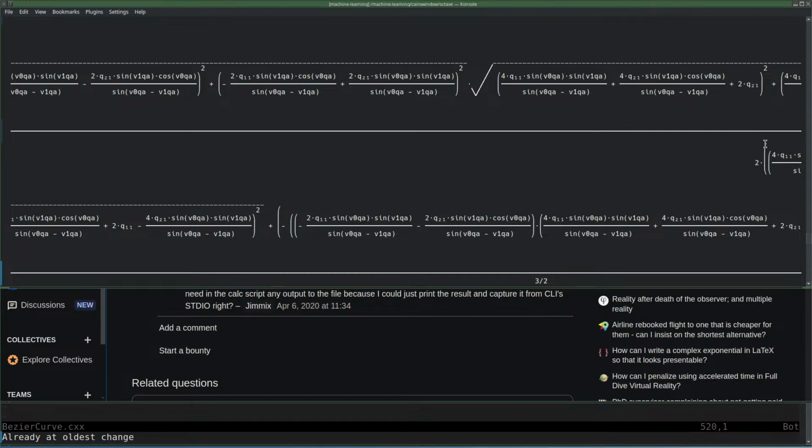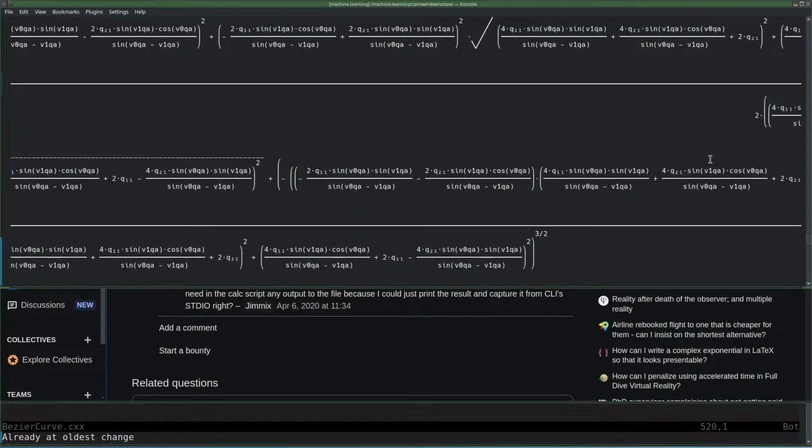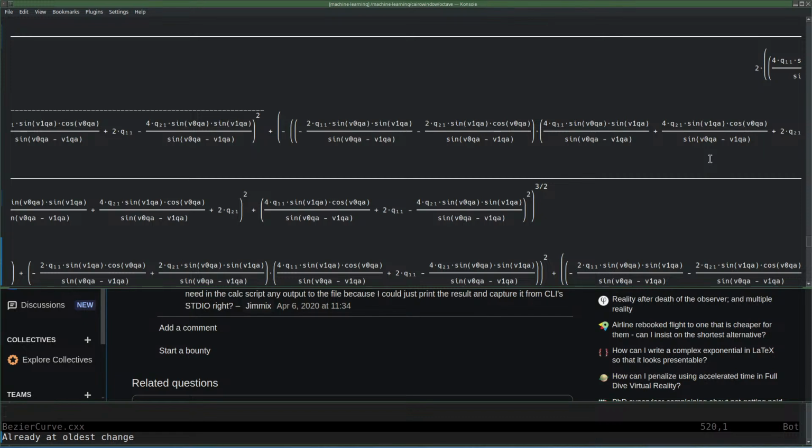Aha, so it is division. This line is dividing it by that. Well, this belongs to that, of course. And then there's an empty thing here. That's kind of weird.